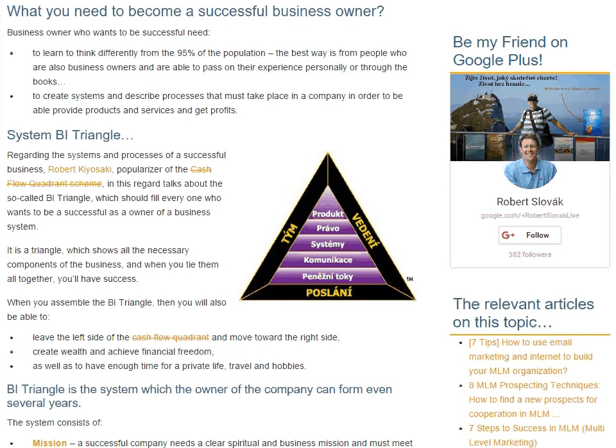It is a triangle which shows all the necessary components of the business, and when you tie them all together, you will have success. When you assemble the BI triangle, you will be able to leave the left side of the cash flow quadrant and move toward the right side, create wealth and achieve financial freedom, as well as have enough time for private life, travel and hobbies.